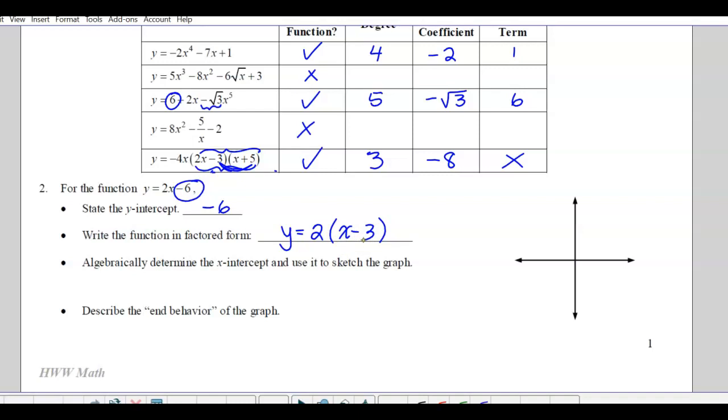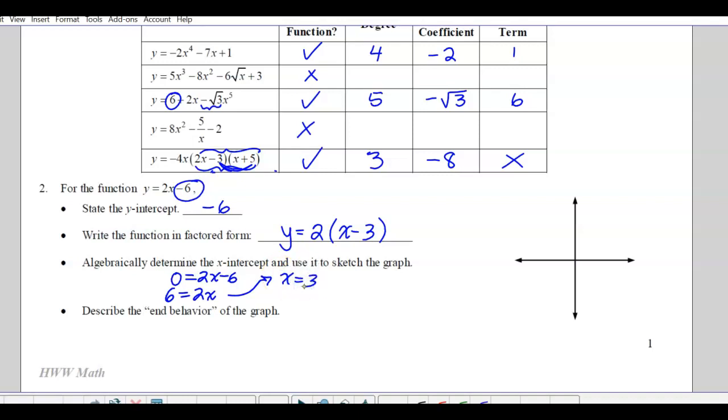Okay. It says algebraically determine the x-intercept and use it to sketch the graph. Well, if we didn't do the factored form, our x-intercept is when y is 0. So when we solve that for x, we get x equals 3.